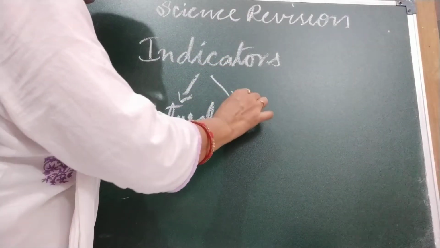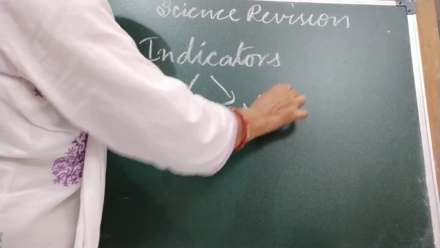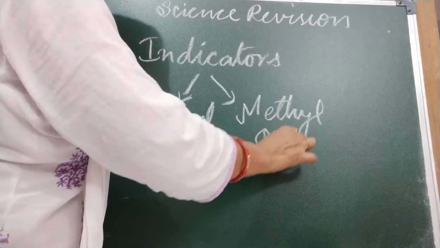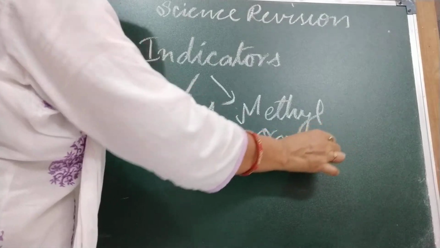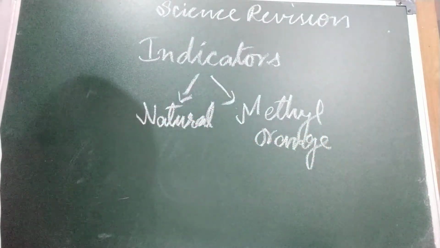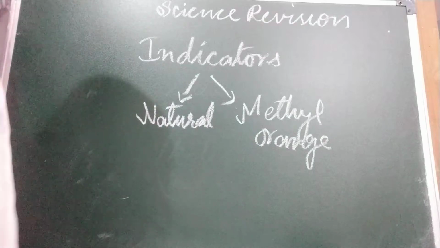And methyl orange and phenolphthalein are synthetic indicators. What do they do?